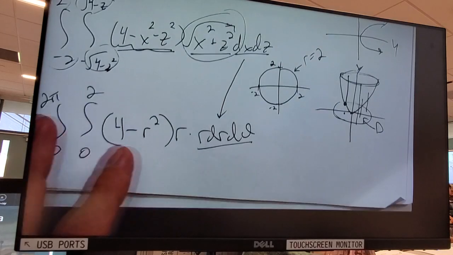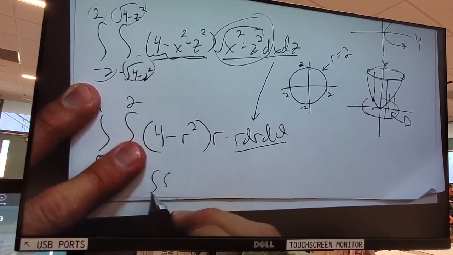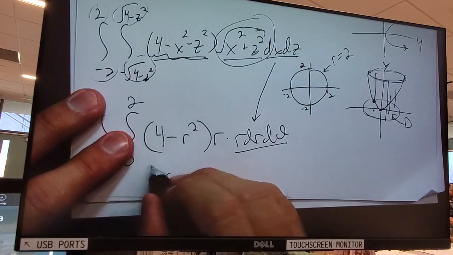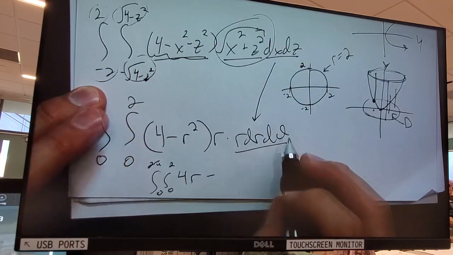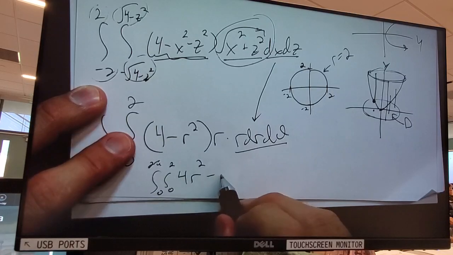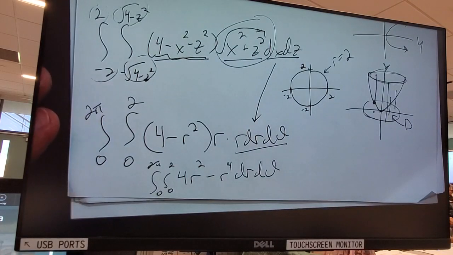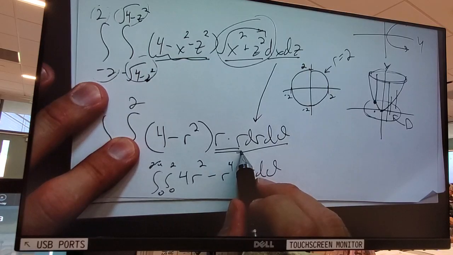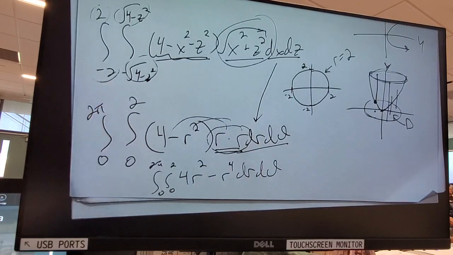Do you guys see how that problem is still easy now? I have to be careful when I say that, because I don't blame you if you're thinking, what the hell, this should be 4r squared, this should be r to the 4th. You see that? r squared outside, and then you distribute that. Oh, I see. Nice.